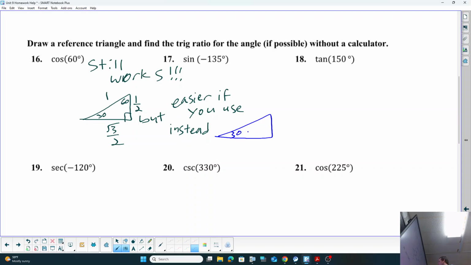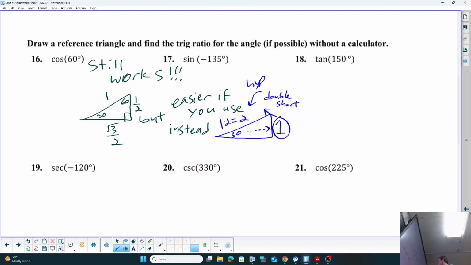Across from the 30 degrees, it'll be just 1 this time. We're going to label that as 1 instead of the hypotenuse. And that means that if you go ahead and double the short leg, that gives you the hypotenuse. So that'll be 1 times 2, which is just 2.